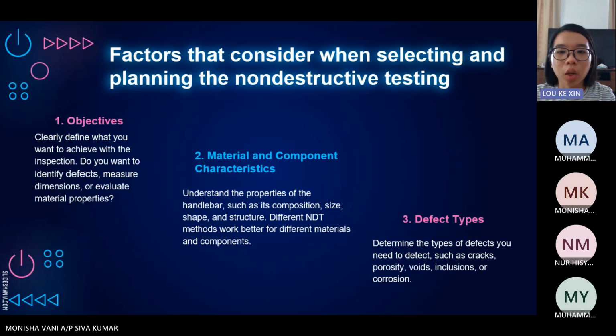Second, material and component characteristics: understanding the properties of the handlebar, such as its composition, size, shape, and structure. Different non-destructive testing methods work better for different materials and components. Third, defect types: determine the type of defect you need to detect, such as cracks, porosity, voids, inclusions, or corrosion.